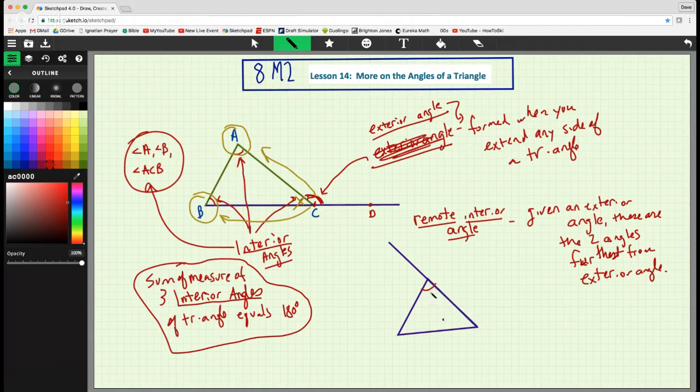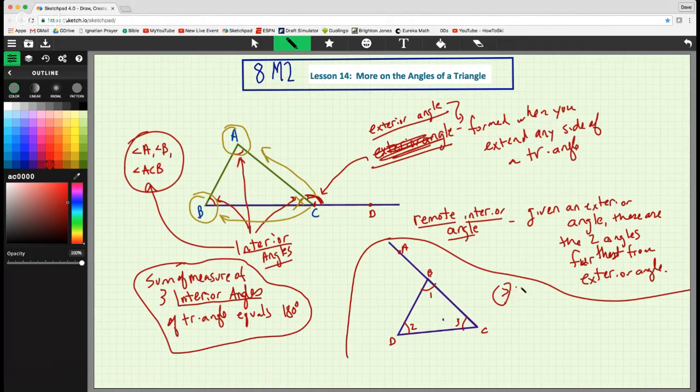So if this is angle 1, this is angle 2, and this is angle 3. And we'll call these points A, B, C, and D.